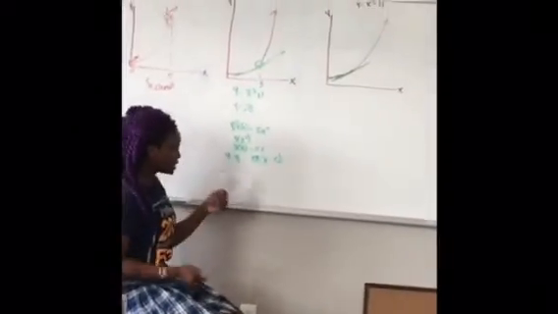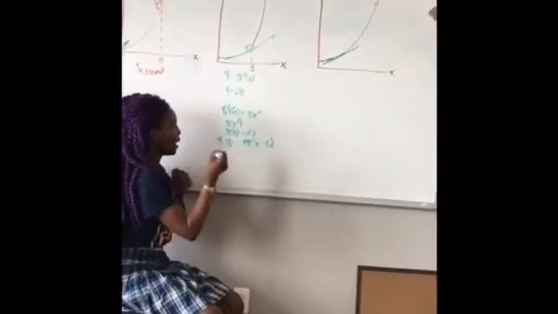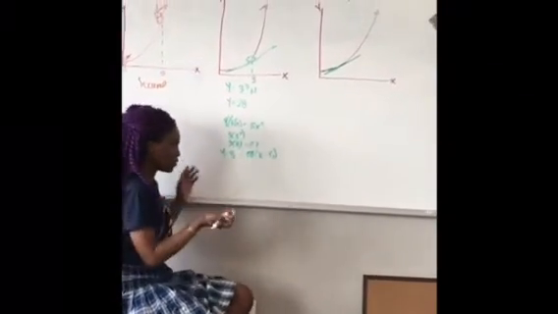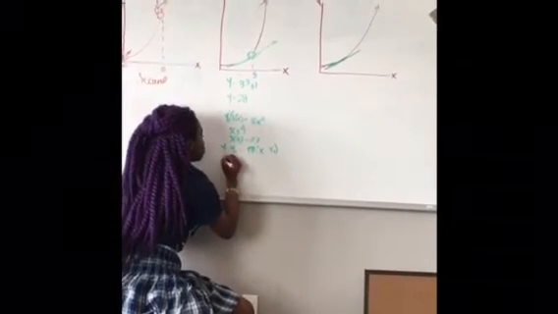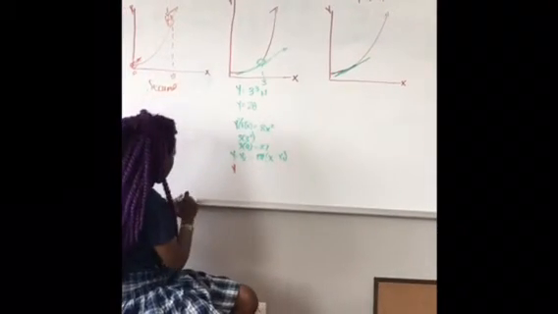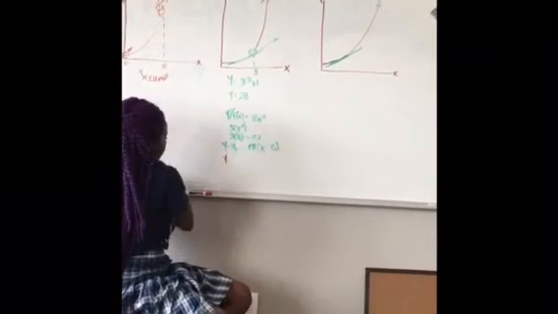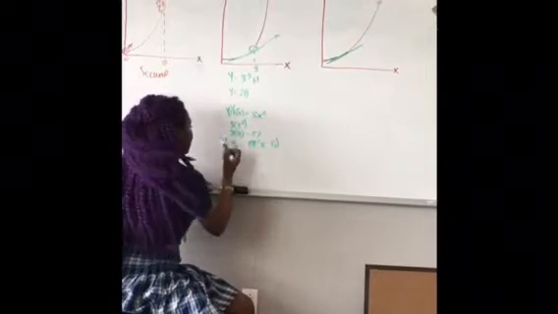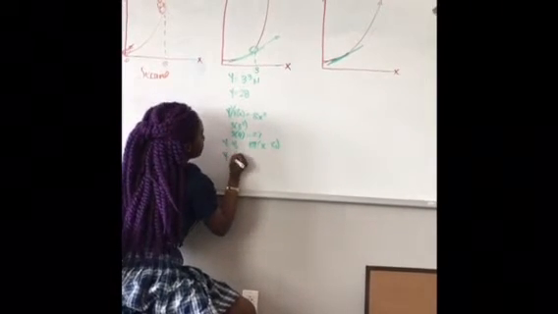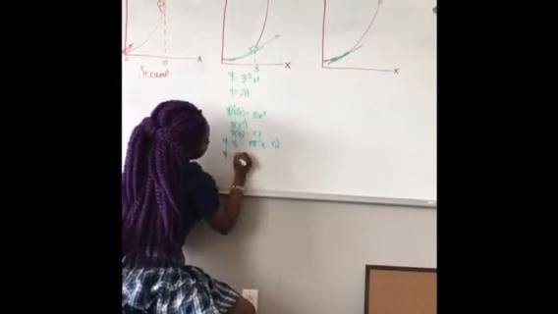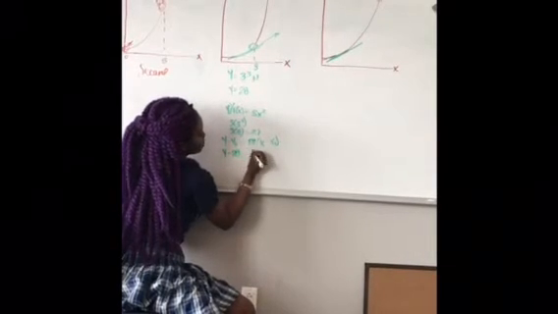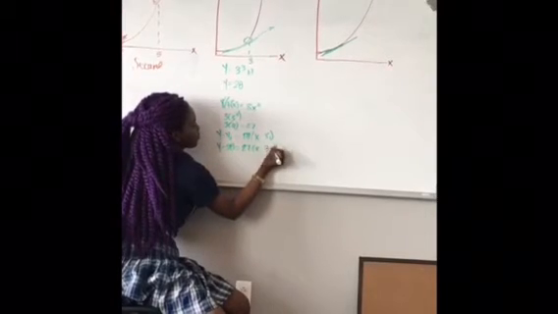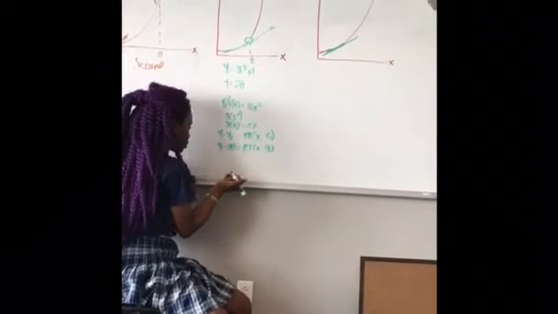So what you have to do is plug these into the point-slope form. M, as I said before, is the slope that you solve for. So what this looks like is y minus 28 equals 27 times x minus 3.